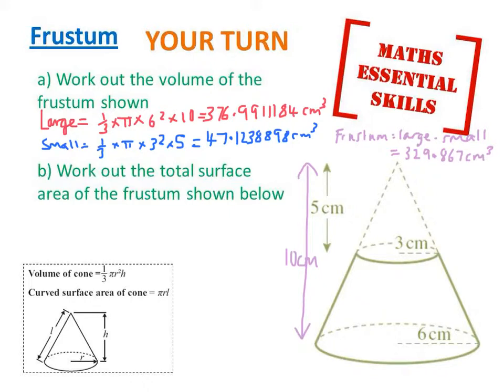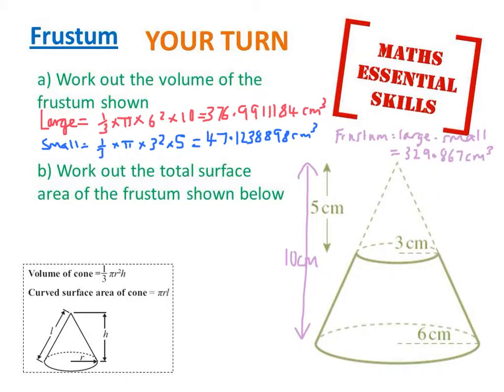The way I'm going to do it is to work out the curved surface area of the frustum. I'm then going to have to add on the round circular area at the top and the round circular area at the bottom. The circular areas at the top and bottom are relatively easy to work out. For the curved area of this frustum that goes round the shape, I'm going to have to use the other formula which is given to me.